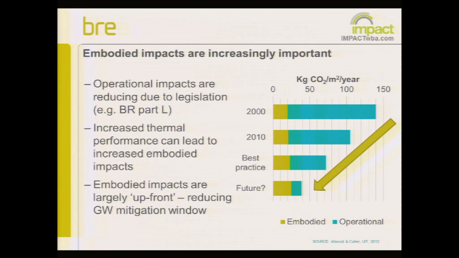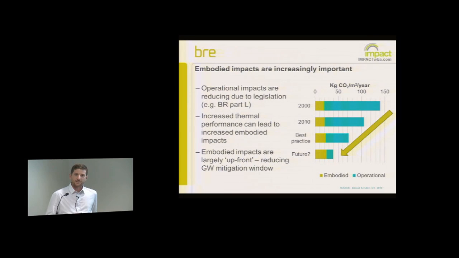So they're already up there in the atmosphere doing damage. And when we've only got a limited window to deal with global warming, this is quite significant because operational is obviously eked out over many years of the life of the building. So it's certainly something we should take seriously. And to start to take it seriously, we need tools that will allow us to measure and analyse, and that's where impact came from.